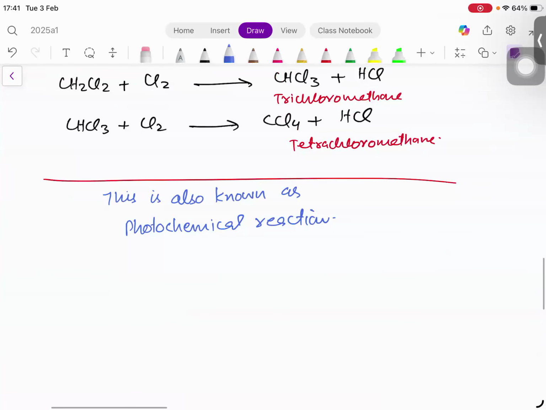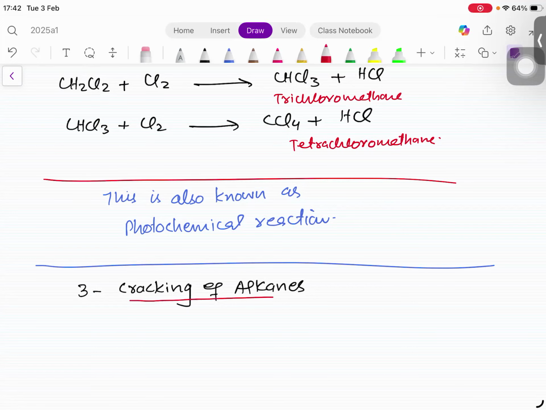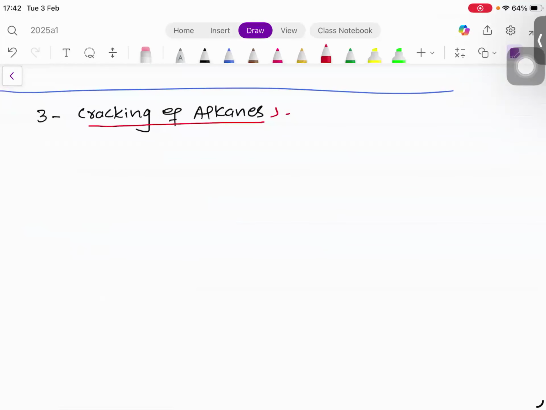The third, the next, and the last reaction of alkanes is the cracking. Cracking of alkanes or hydrocarbons. Now, but first you need to understand what a cracking is. Now, what happens? I told you the other day.